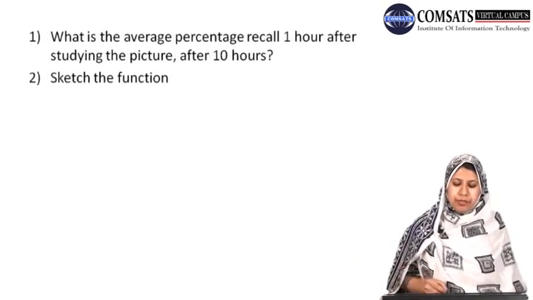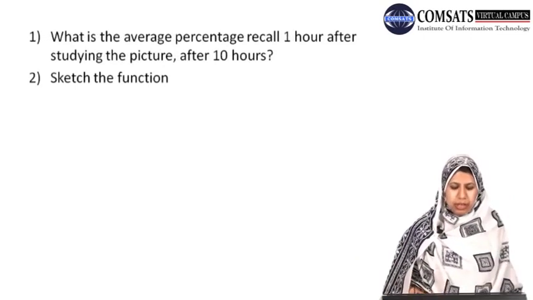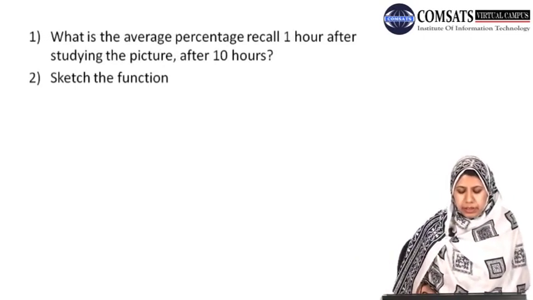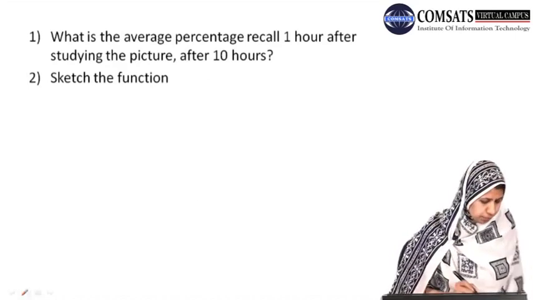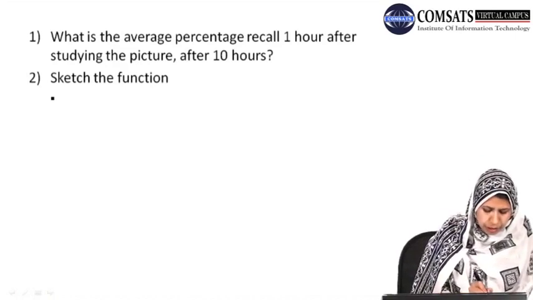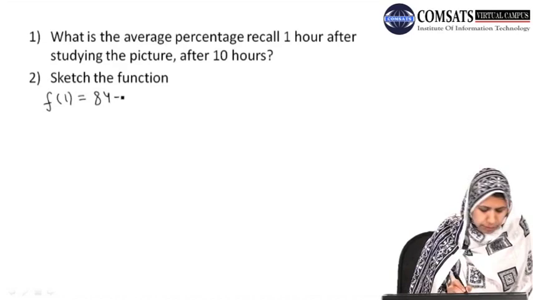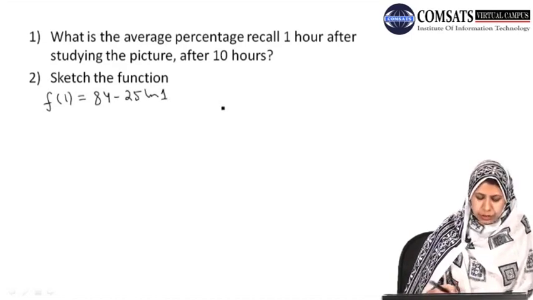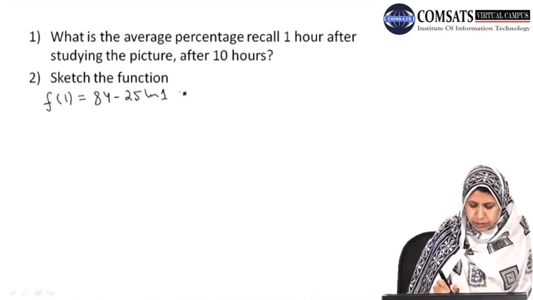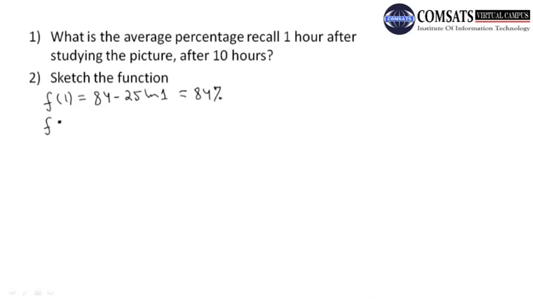And we are asked to find the average percentage recall after 1 hour of studying the picture and after 10 hours, and further we have to sketch the function. After 1 hour means f(1) will be equal to 84 minus 25 times natural log of 1, which is 0, which gives 84%.